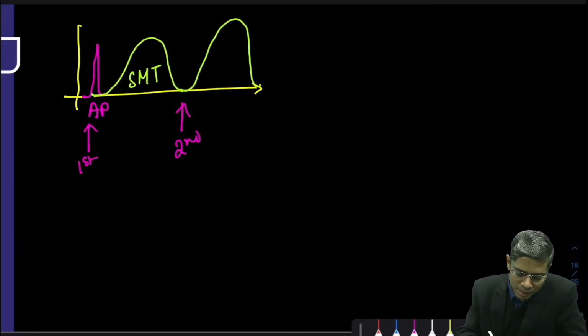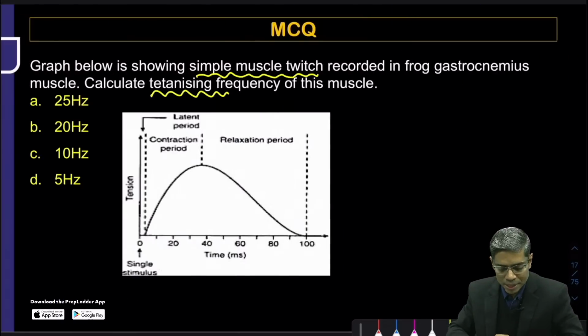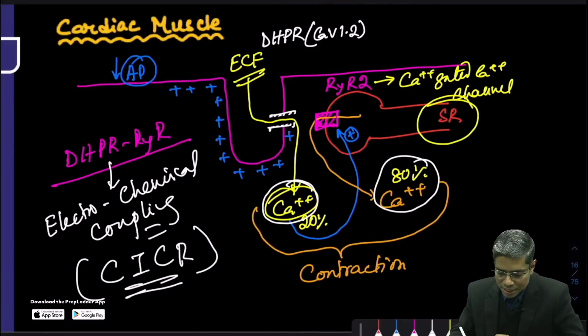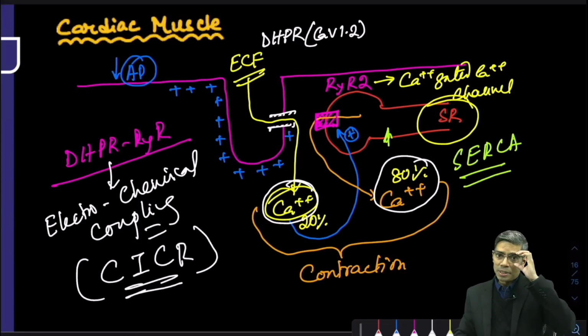Whenever you have stimulated a muscle, the calcium which has been released into the cytoplasm will again go back to the sarcoplasmic reticulum by a transporter protein known as SERCA, sarcoplasmic endoplasmic reticulum calcium ATPase, right?